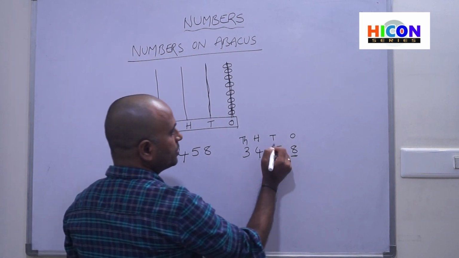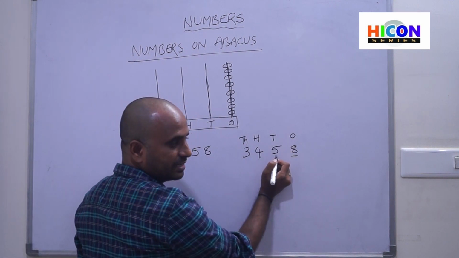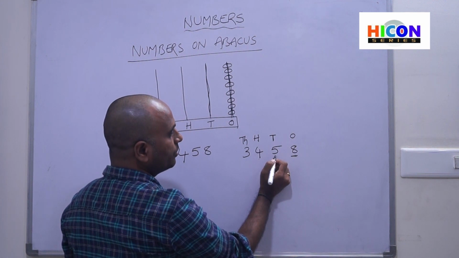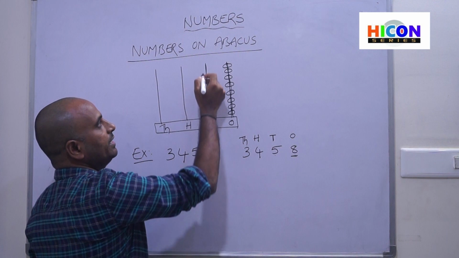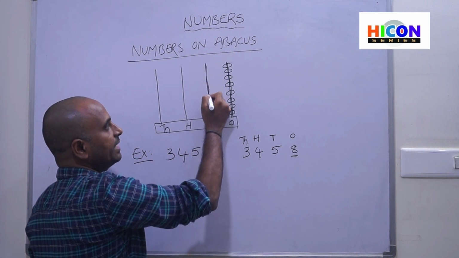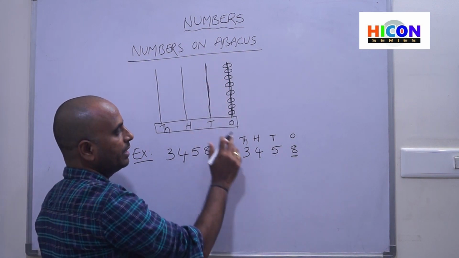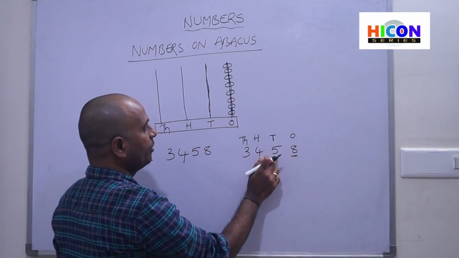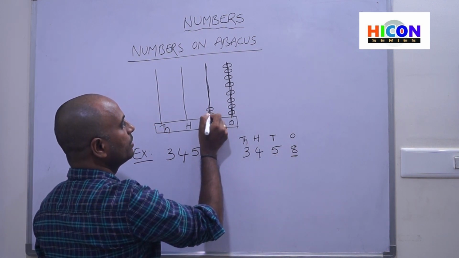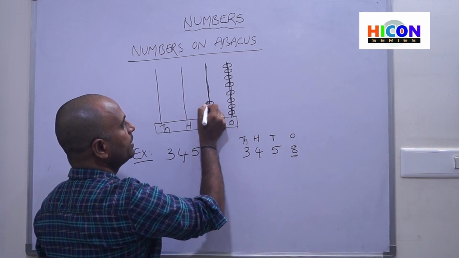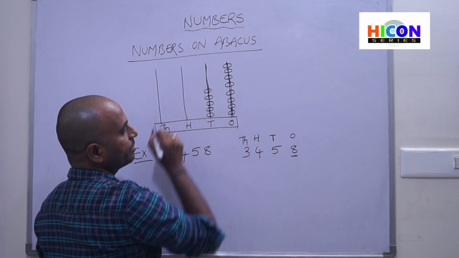Next, 5 is present in tens place, so we have to draw 5 beads on the tens place stick. Here the second stick is the tens place stick. 1, 2, 3, 4, 5.